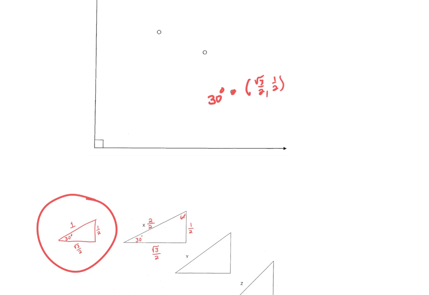Down here, we're at 210 degrees. And then 360 minus 30, we're at 330 degrees. Okay.